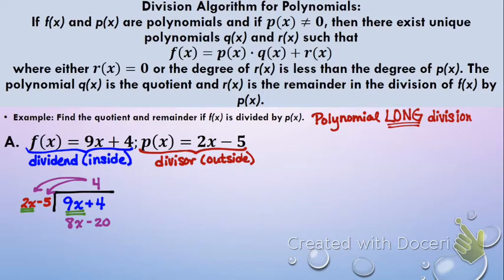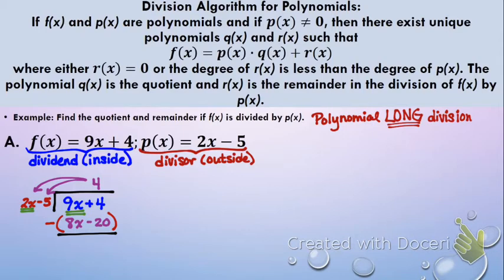Does anybody remember what I do with it at this point? Change the signs. We're going to subtract this polynomial that we just found. We're going to subtract both parts. So both signs are going to change there. So I have 9x minus 8x, which would leave me with what? Negative x. Not negative x.